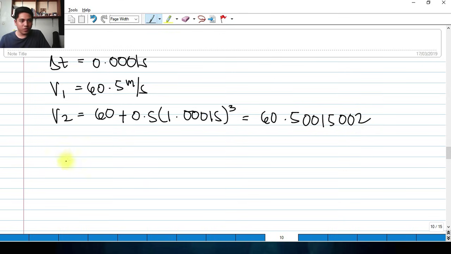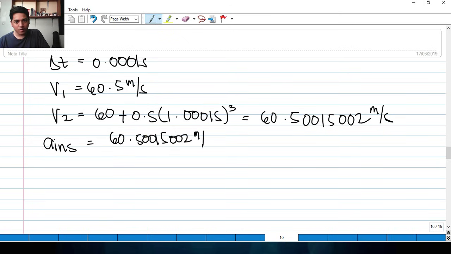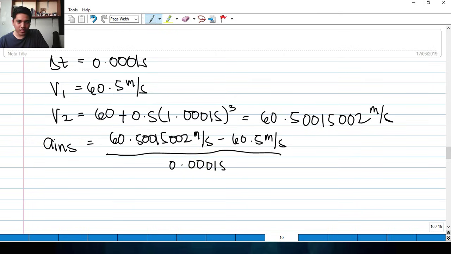So 60.50015002. I've shown you all the decimals, so we can approximate the instantaneous acceleration as delta t approaches 0. So our delta t is 0.001 second.